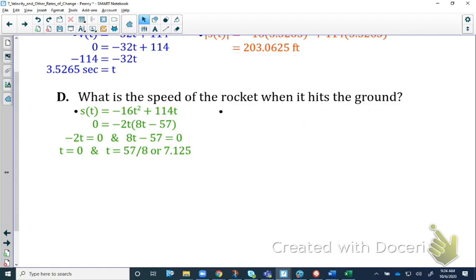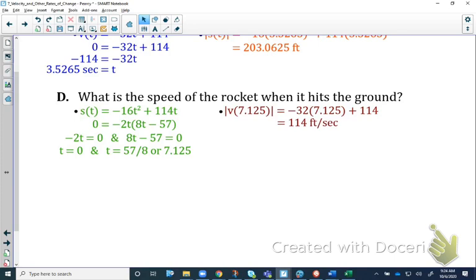But the rocket is going to hit the ground at about 7 1/8 seconds, 7.125 seconds. So if I want to know the speed, I'm going to plug that into the velocity function. But here I take the absolute value of the number, because if I plug that in, I'm going to get a smaller number than what I think it's going to be.